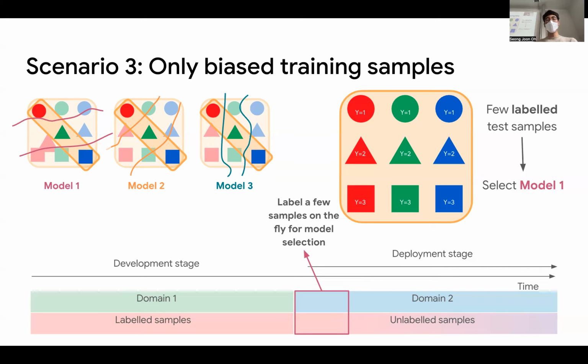But in practice, we are making a lot of simplification here. In practice, it's very unlikely that you're going to have unbiased samples at test time. Most likely, your deployment scenario will contain a lot of biased samples, but biases that are different from your training set.